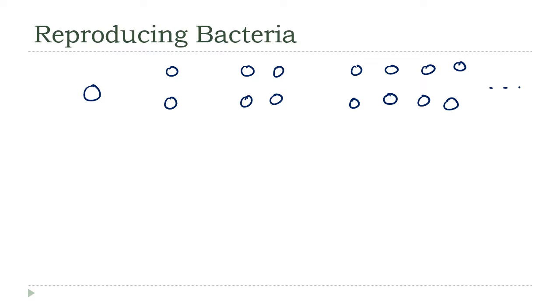Now notice how these counts are all powers of 2, right? Starting with 2 to the 0, 2 to the first, 2 squared, and 2 to the third. So we could generalize this if we wanted to keep going out to the nth generation as 2 to the n.